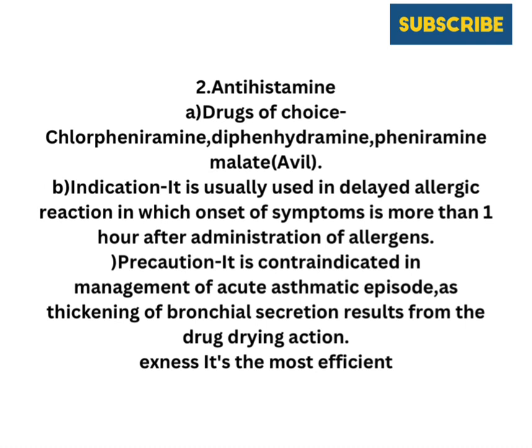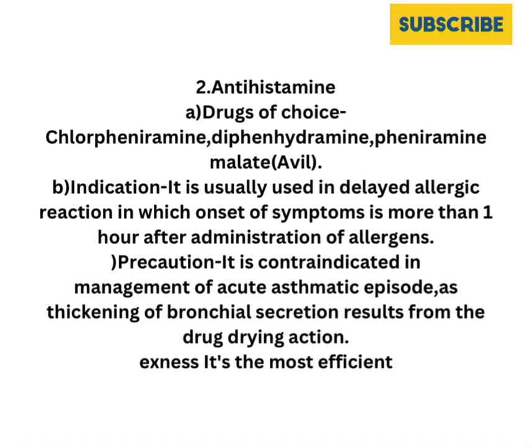2. Antihistamine. A. Drugs of choice: chlorpheniramine, diphenhydramine, pheniramine maleate, Avil. B. Indication: it is usually used in delayed allergic reaction in which onset of symptoms is more than 1 hour after administration of allergens.